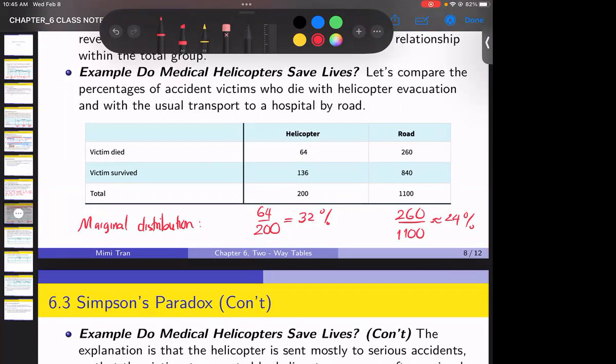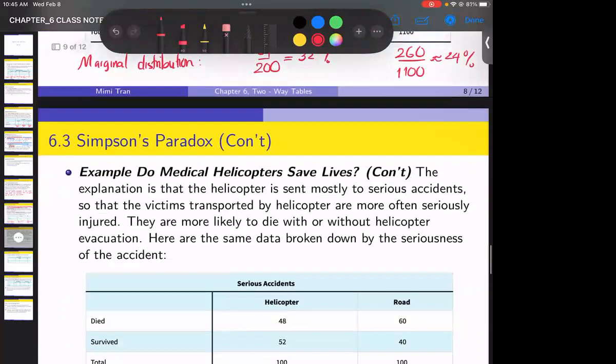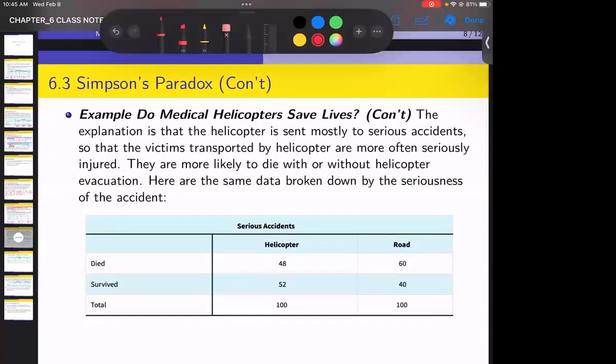Well, let's take a closer look at why that is. Let's take a look at the seriousness of the accidents. Usually, you require helicopter transportation because of the severity of the accident.